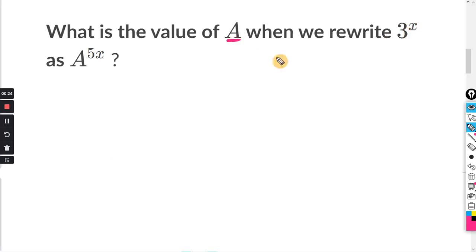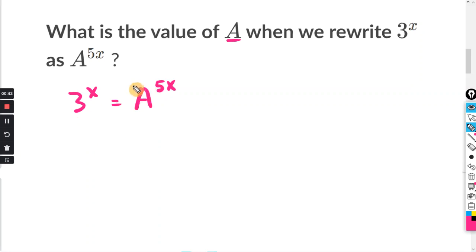So we're going to do 3 to the power of x, and that equals a to the power of 5x. We can raise both sides of this equal sign to the same exponent.